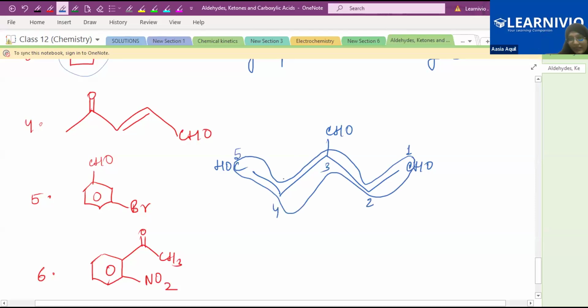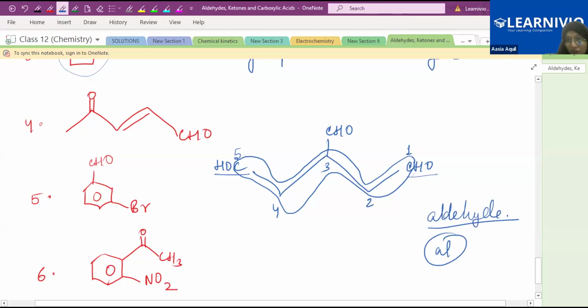For these two carbons, the CHO group is present. For these two, which you are including in the chain, you will take them as aldehyde. And for aldehyde we use the word al as a suffix for naming.